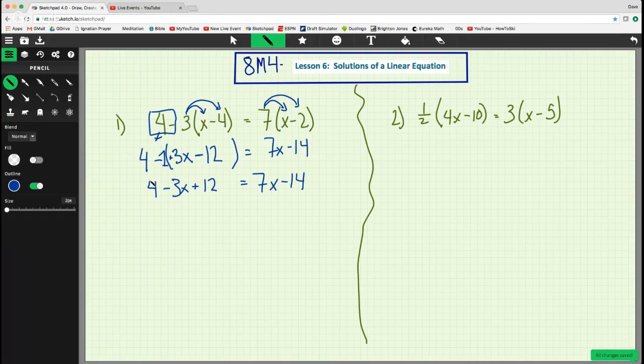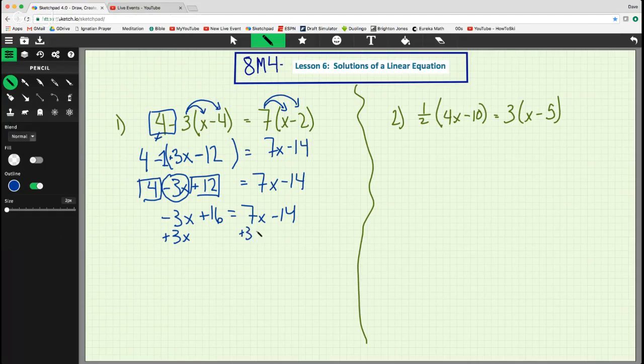Okay, so now we're going to combine like terms here. So we're going to take our 4 and combine it with our 12, and our -3x has no like terms. So we have -3x plus 16 equals 7x minus 14. And now I'm going to collect my x's on the right and collect my constant terms on the left to keep everything positive, because I can see that if I subtracted 7x from both sides, I'd end up with negatives, and I just like to work with positives where possible.